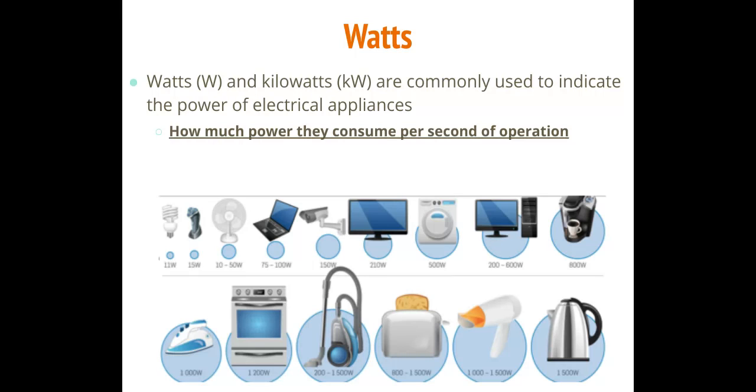So the idea is, remember, you've got to think about what that watt means. Well, a watt is how much energy is being used per second. So if you think about that, 210 watts is equal to 210 joules per second. If you want to think about what that means, it would not be a bad idea to compare it to yourself.